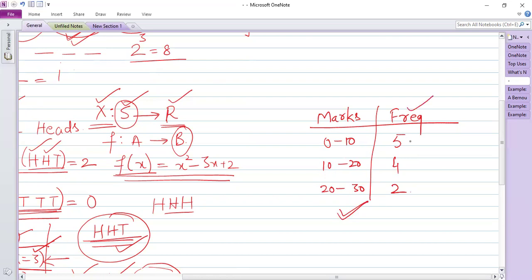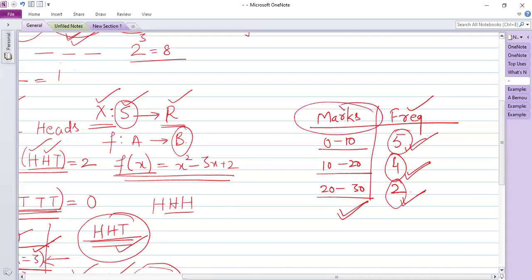Why? Because these tables give us the distribution of the frequency, meaning how frequency is distributed over various values of the data. Data may be anything. Here it is marks, it may be weight, time. Data may be of any type.